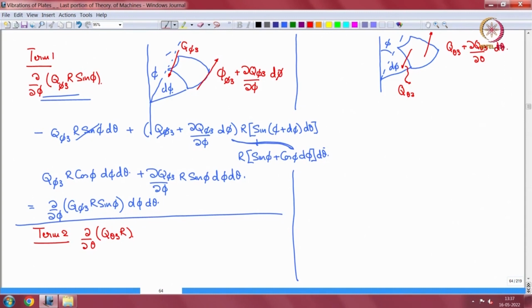Now again this distance is approximately r sine phi d theta. We have done this before.